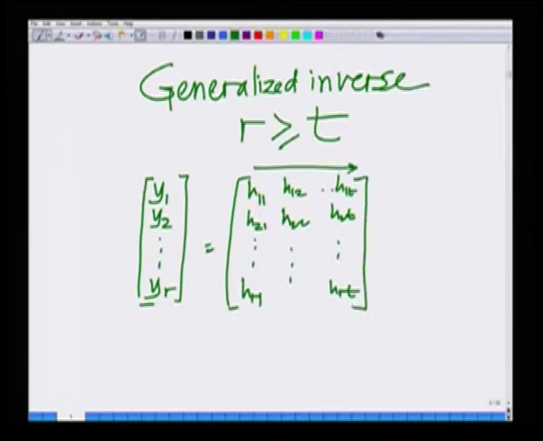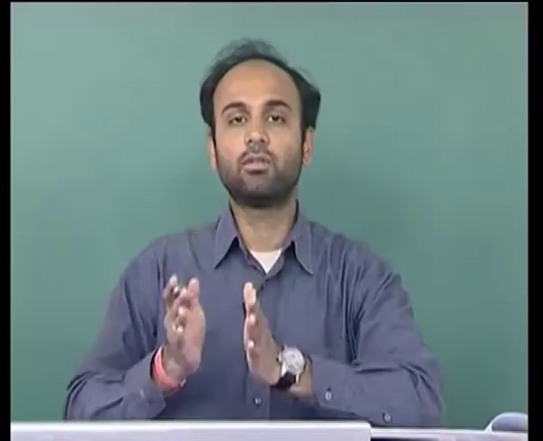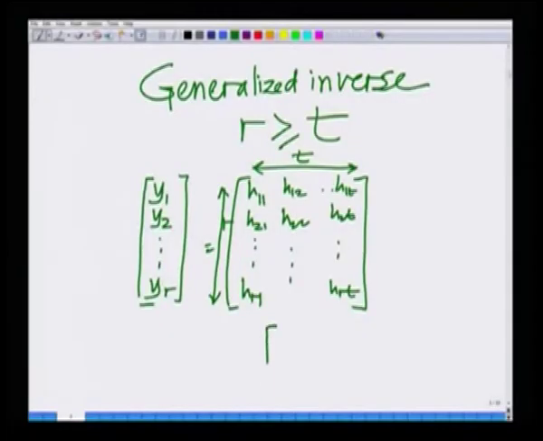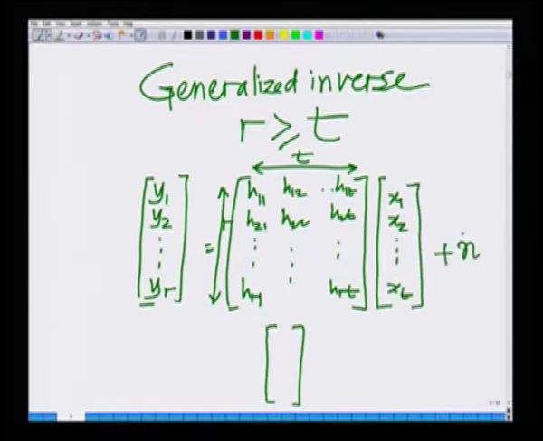Remember, the width of this is T, that is, the number of columns is T, and the height of this matrix is R, and R is greater than T, which means it is thin and tall. The matrix has more rows than it has columns. So the matrix looks something like this. It is a thin matrix times x1, x2 up to xt plus n bar.